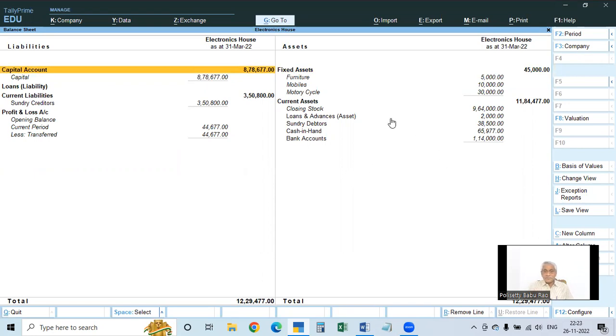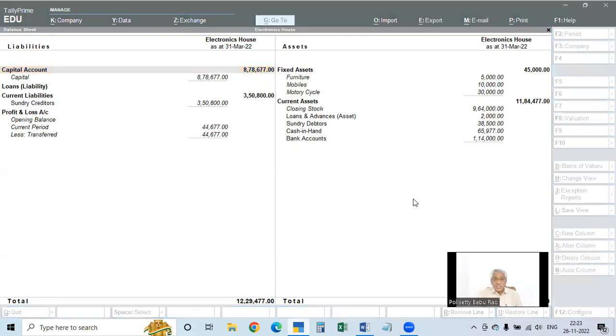Now in the case of the profit and loss account or the trial balance, we are viewing this in a horizontal way, left side and right side. This can be viewed in a vertical way also. First, capital account and liabilities total, then all assets, fixed assets, current assets, and the total.